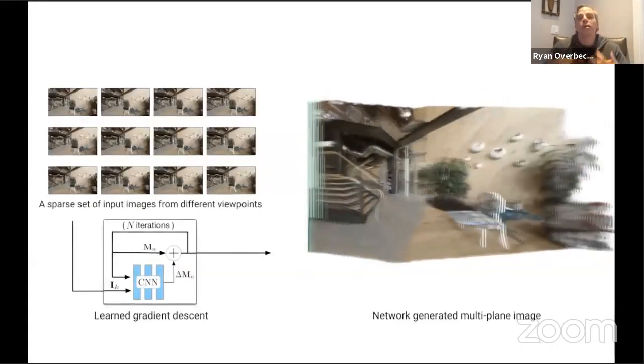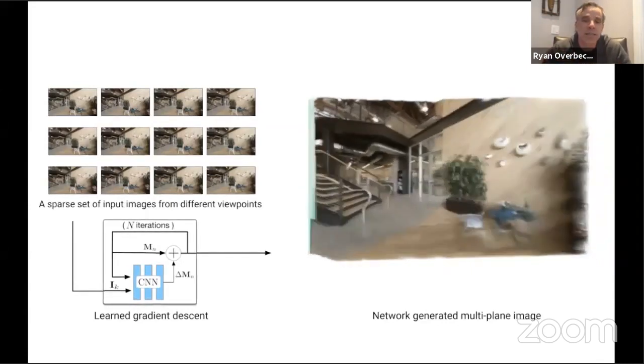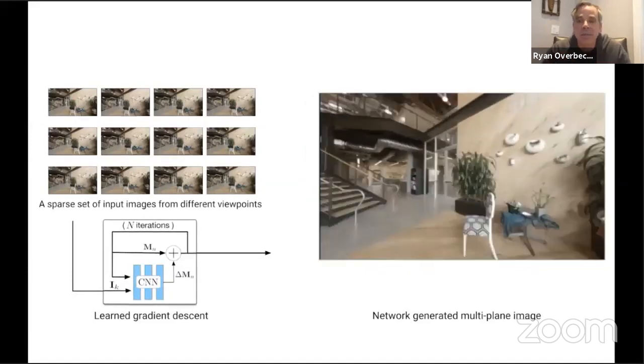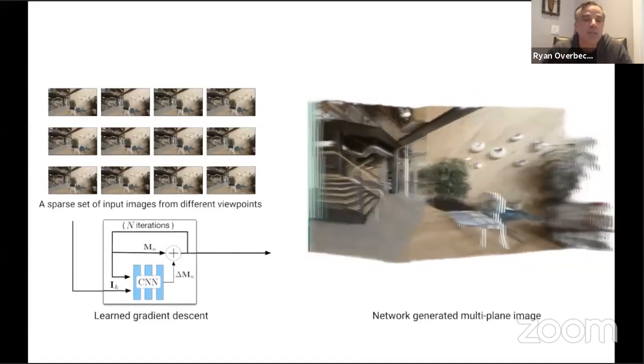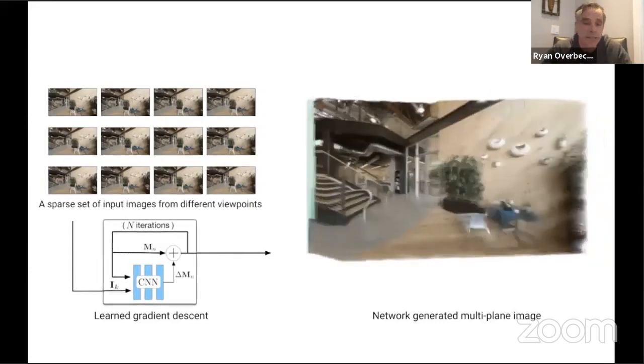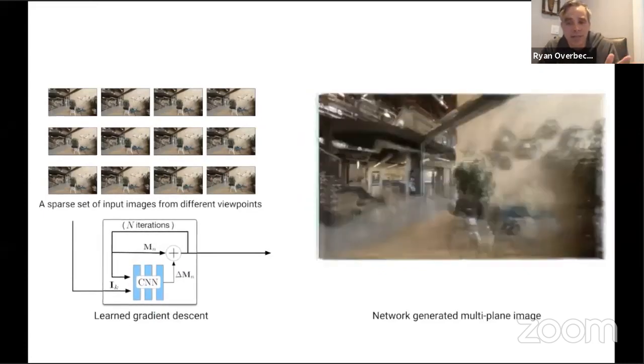So we brought back the idea of MPIs for this work because they're a nice, simple volumetric representation that can be solved using deep neural networks. Other geometric representations tend to be much harder to learn with a deep network. So our paper shows one approach for doing this called learned gradient descent, where we use a neural network to improve the steps of a gradient descent solver.